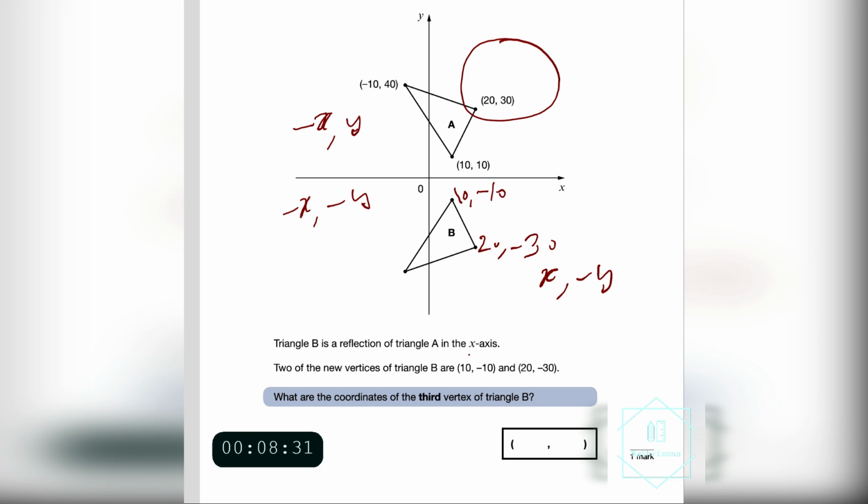That means both the x and y will be negative, because it's a reflection of this one. So this point is minus 10, which is the same, so our x will be minus 10, and the y is 40, so it will be 40 in negative, so that will be minus 40. Good.